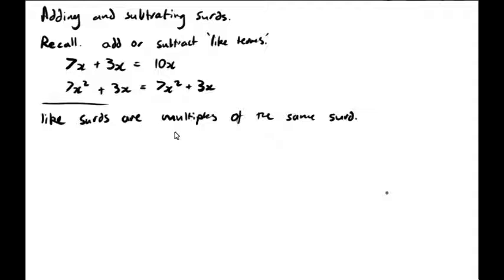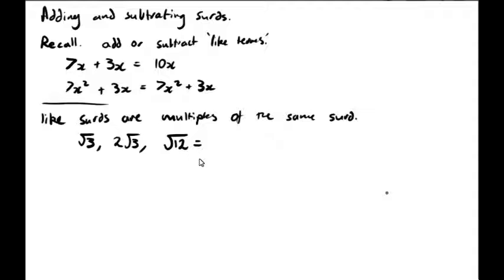Like surds are basically numbers or multiples of the same surd. For example, the square root of 3 and 2 root 3 would be like surds because they have the same multiple of the same surd, meaning the square root of 3. I could also say that the square root of 12 is a like surd for those two.